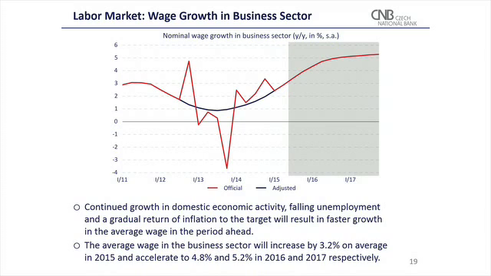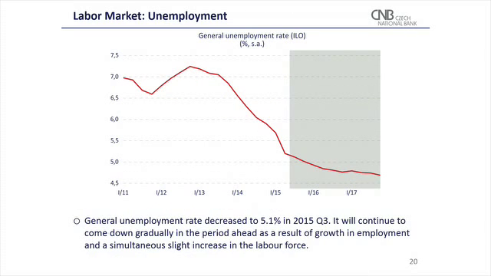As I mentioned, the growing employment coupled only with a gradual rise in the labor force will lead to a further decline in the general unemployment rate to less than 5%. But the further declines in unemployment will, of course, be less steep than in the recent past, because we are already approaching full employment.